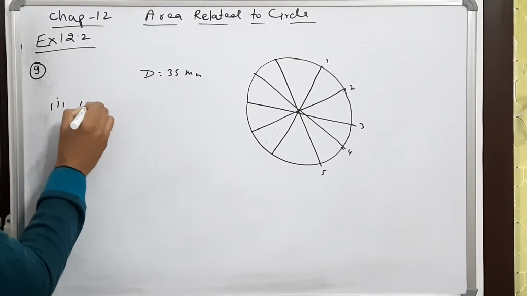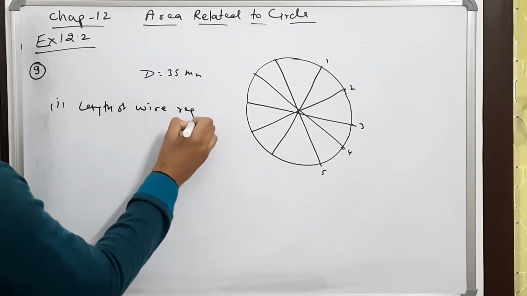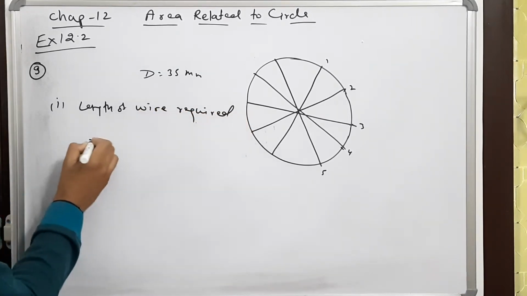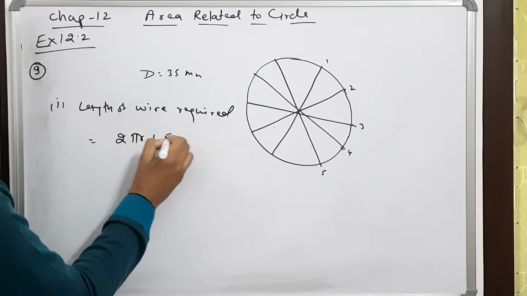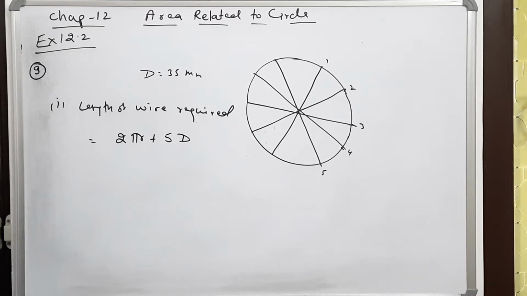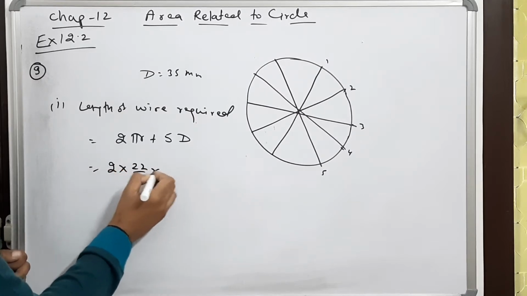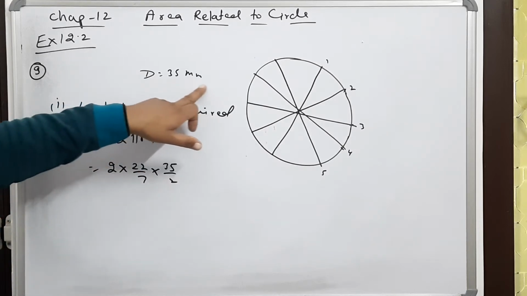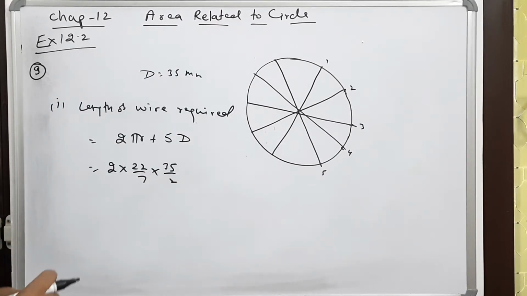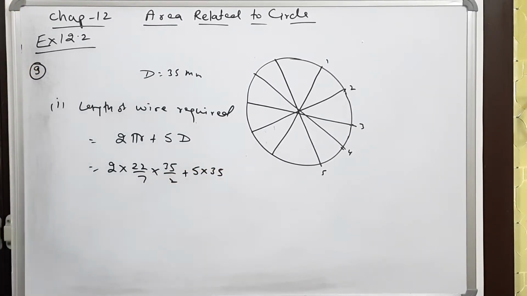The first part. So length of wire required equals to 2 pi r plus 5 into diameter or 10 radius. Both are correct. So the answer is 2 into 22 upon 7, 35 upon 2. Why it is 35 upon 2? Because 35 mm is the diameter, plus 5 into 35.